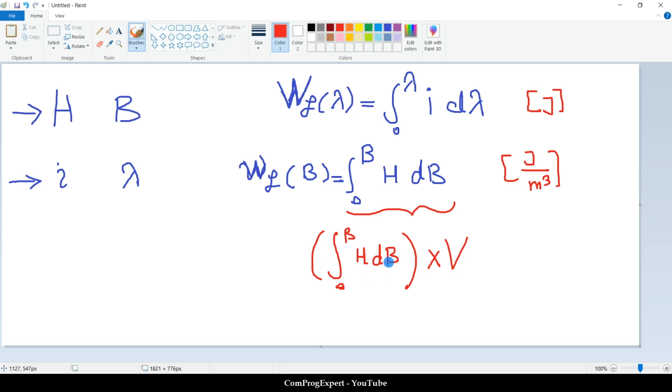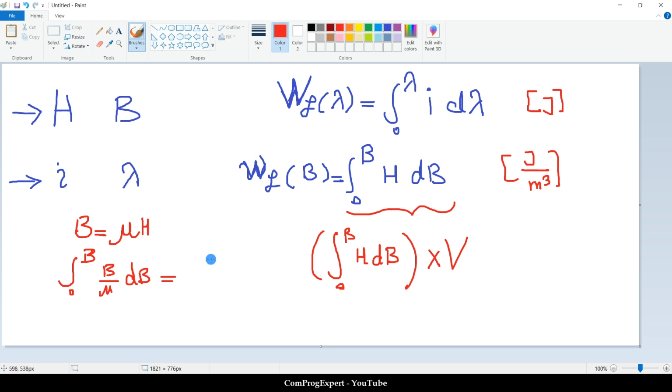If we have a linear material, the calculation is simple because for a linear material you can write B equal to mu H. If you replace this in the integral, it will be the integral from 0 to B of B divided by mu dB.